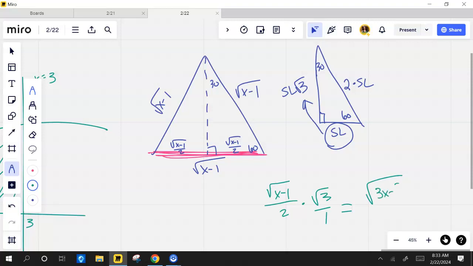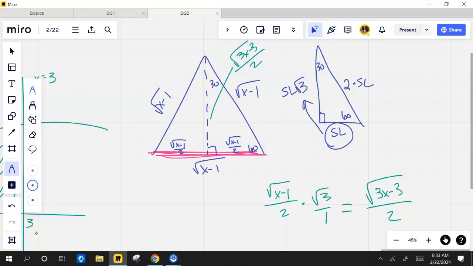I'm going to make this 3x minus 3 over 2, just because I know I'm going to have to input it, and I don't want to get caught up in parentheses and everything else. So this I'm going to call square root of 3x minus 3 over 2.